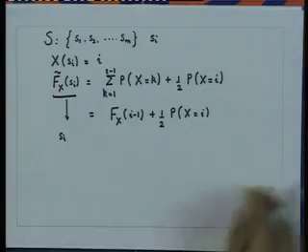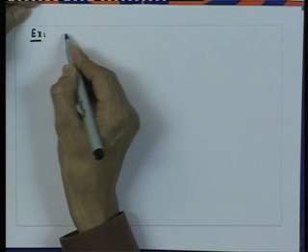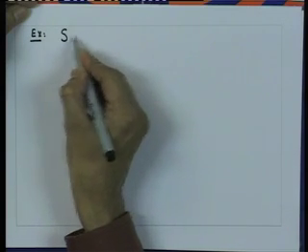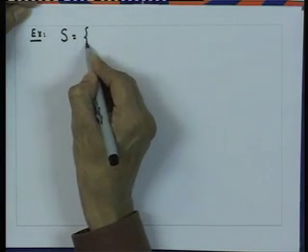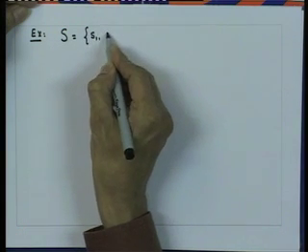So, let us consider an example. Consider a source with 6 letters.